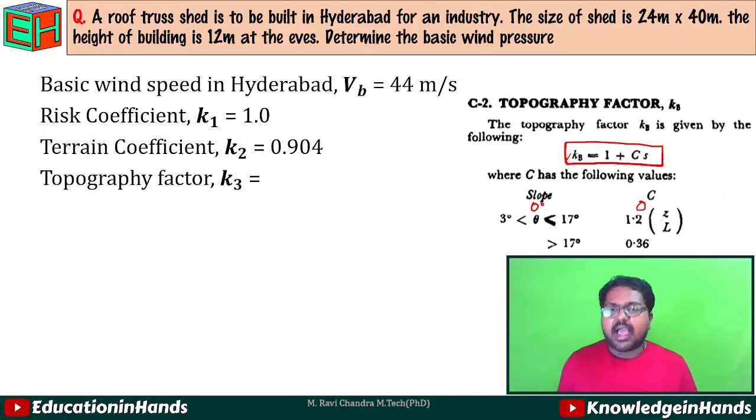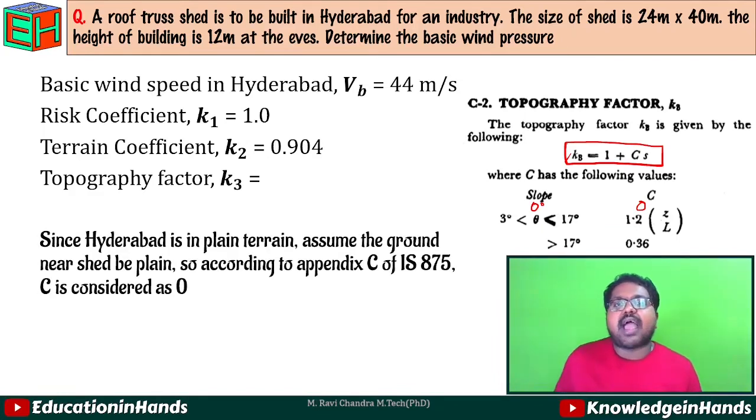Since Hyderabad is in a plain terrain on the Deccan Plateau, and I am also assuming the ground of the shed is nearly plain, from Appendix C I am considering the slope as 0. So I calculate K3 simply as 1 plus 0 into S, which is equal to 1.